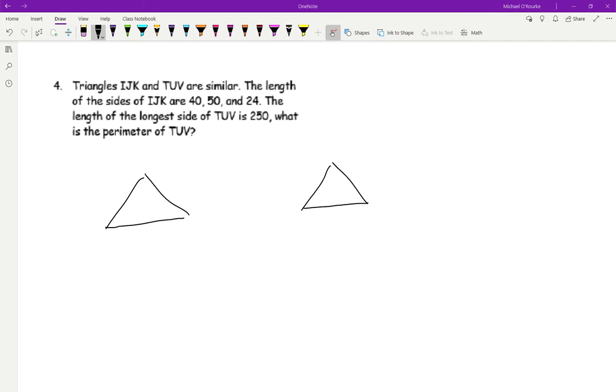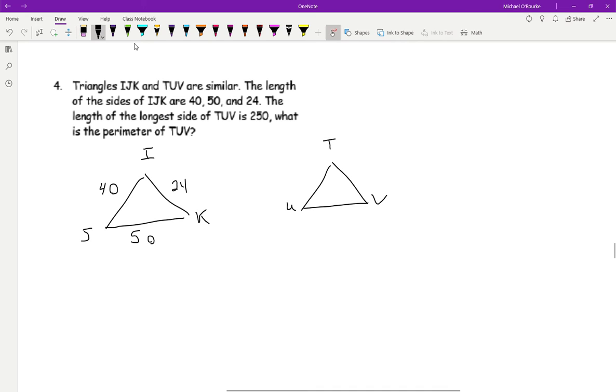Alright, so here we go. Let's start with the first part. So let's start with IJK. Let's make one that says I, J, and K. We have T, U, V. So now we have IJK has sides of 40, 50, and 24. So I'm just going to put them here, 40, 50, and 24. So there's my IJK one.